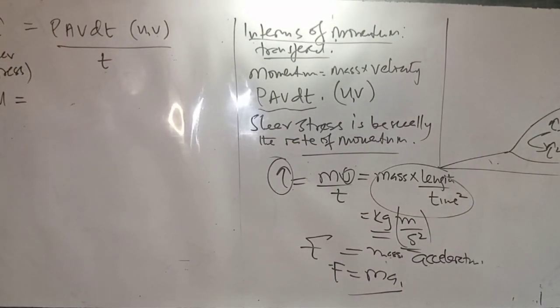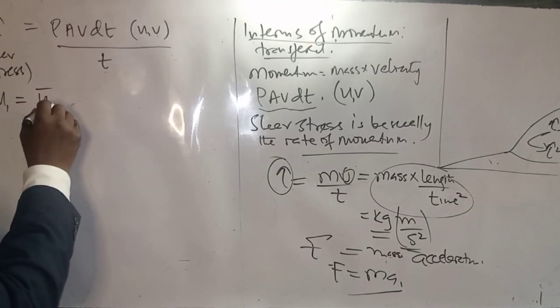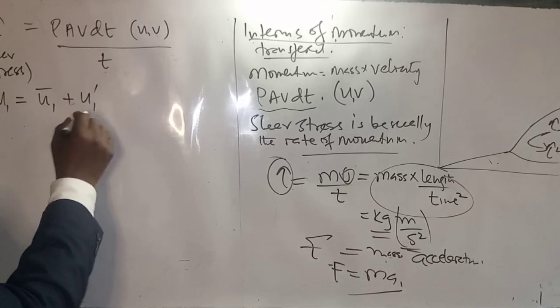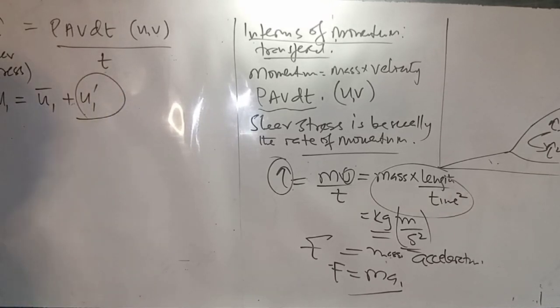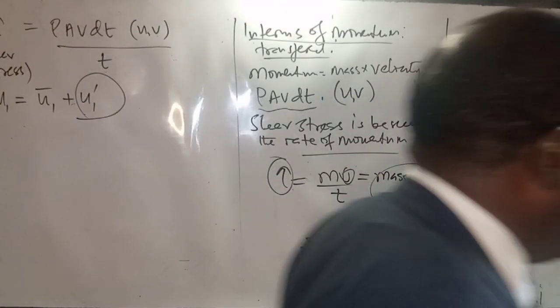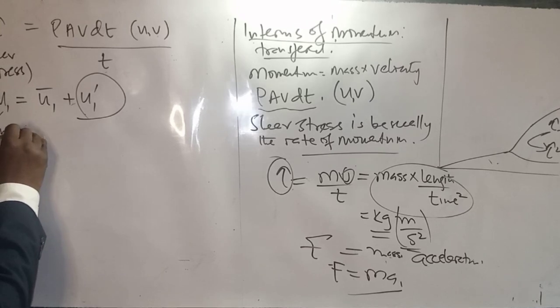That's the instantaneous velocity, it is the mean velocity plus the velocity component resulting from perturbation of the fluid flow as a result of those eddy currents. This is the instantaneous velocity.